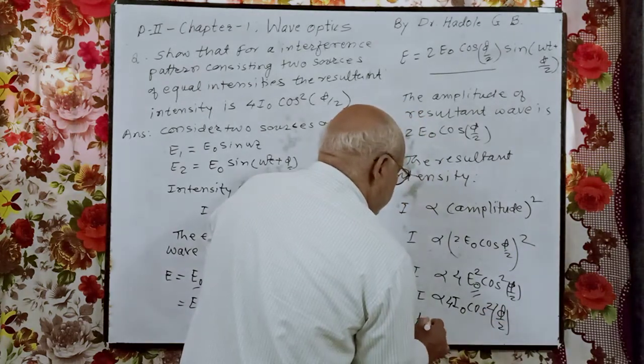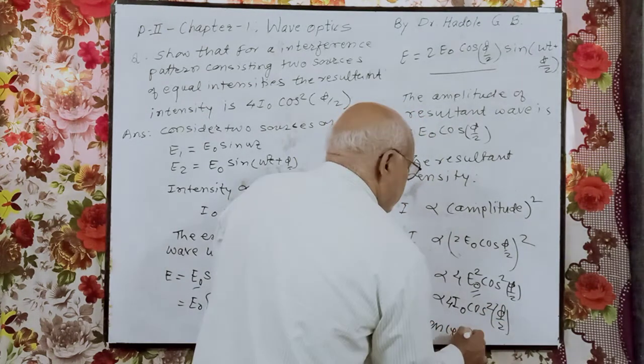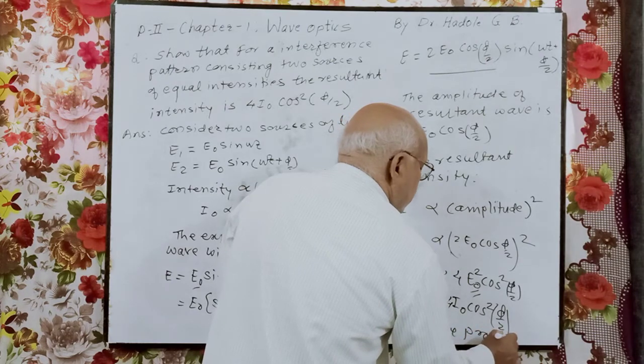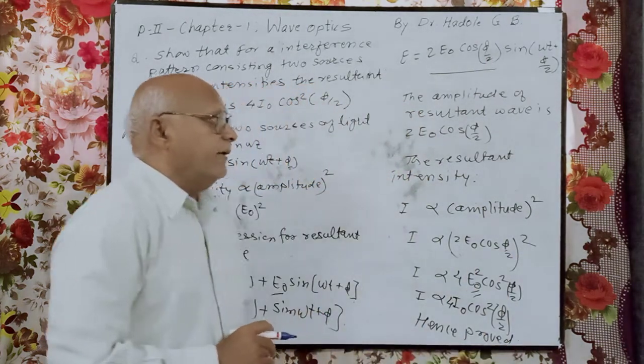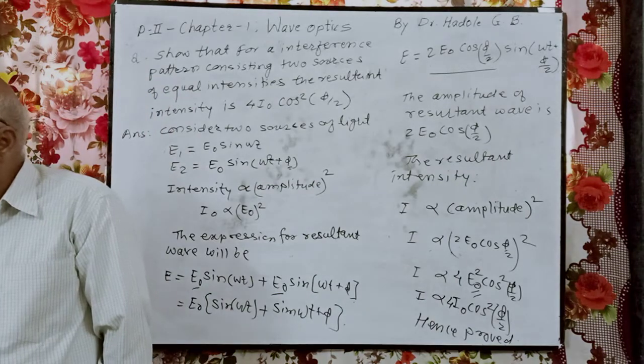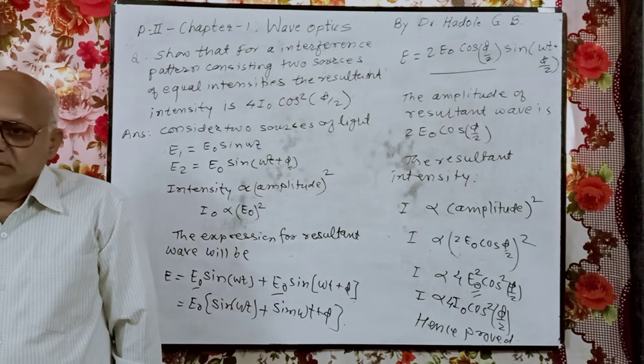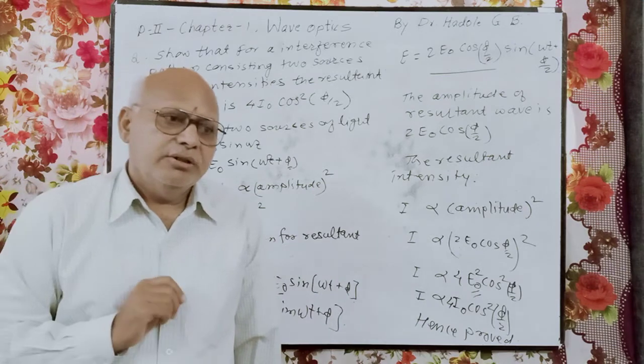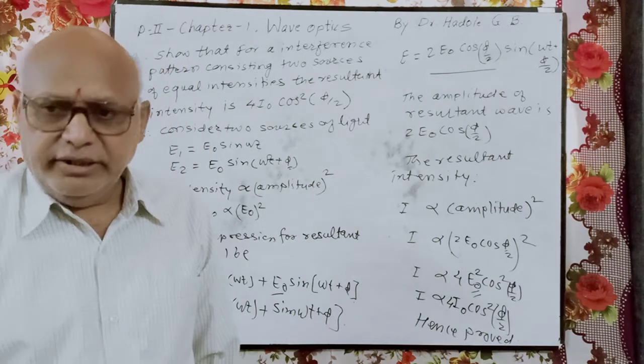Hence proved. So this way, this is the intensity distribution of the two waves when they are emitting light.